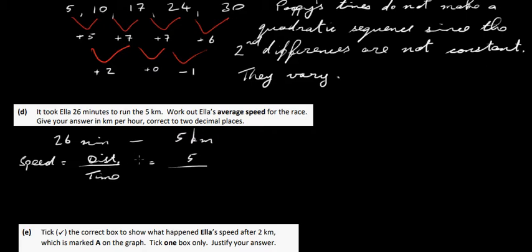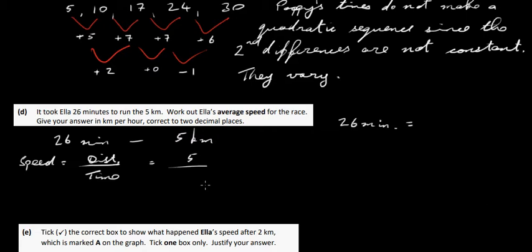Now we want kilometers per hour. We have 26 minutes. We want to convert that to hours because we want kilometers per hour, not kilometers per minute. So what you need to do here is change 26 minutes to hours.